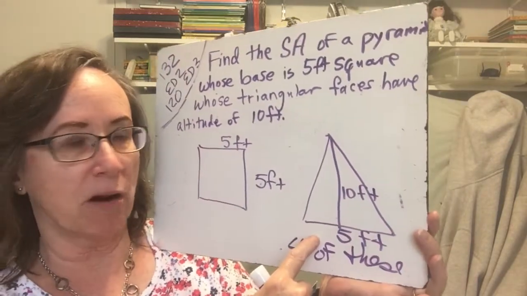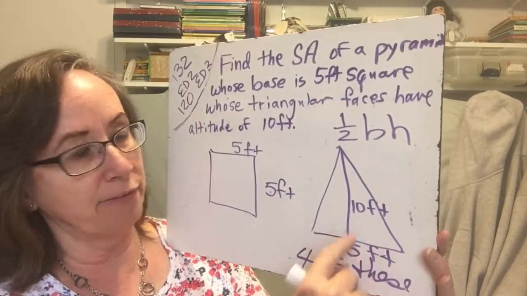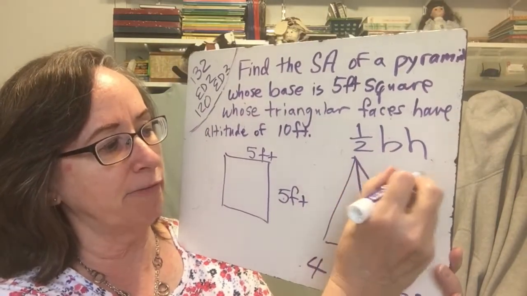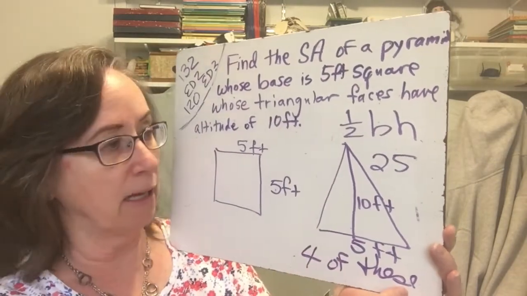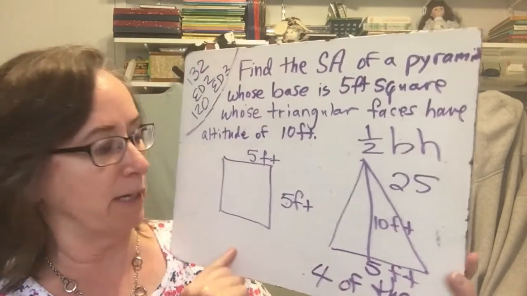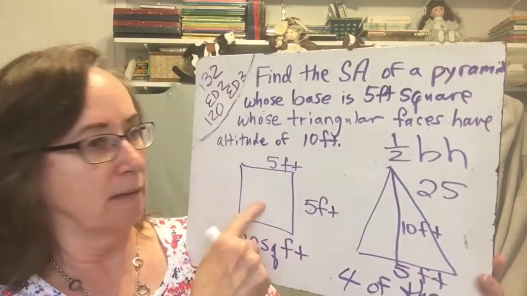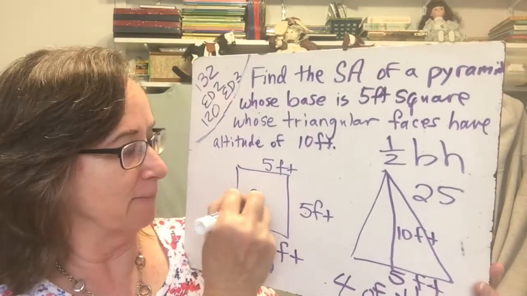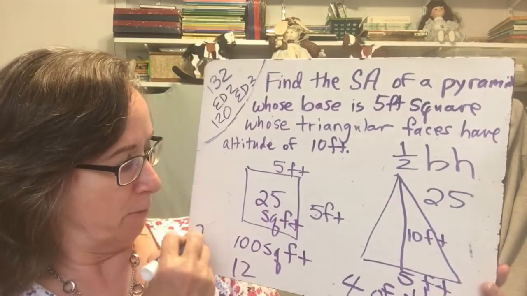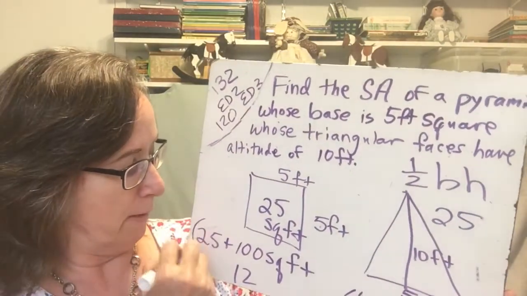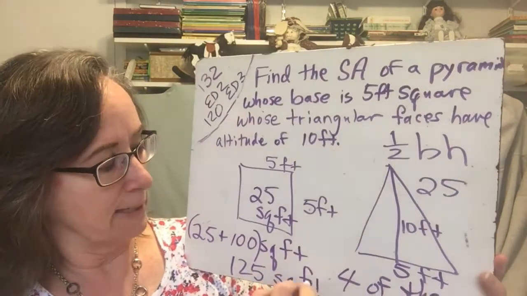So the area of each triangle is 1/2 base times height, or 1/2 of 50 is 25 square feet. So since there are 4 of these, that's going to be 25 times 4, or 100 square feet, plus 25 square feet is 125. So we'll put 25 plus 100 square feet is 125 square feet.